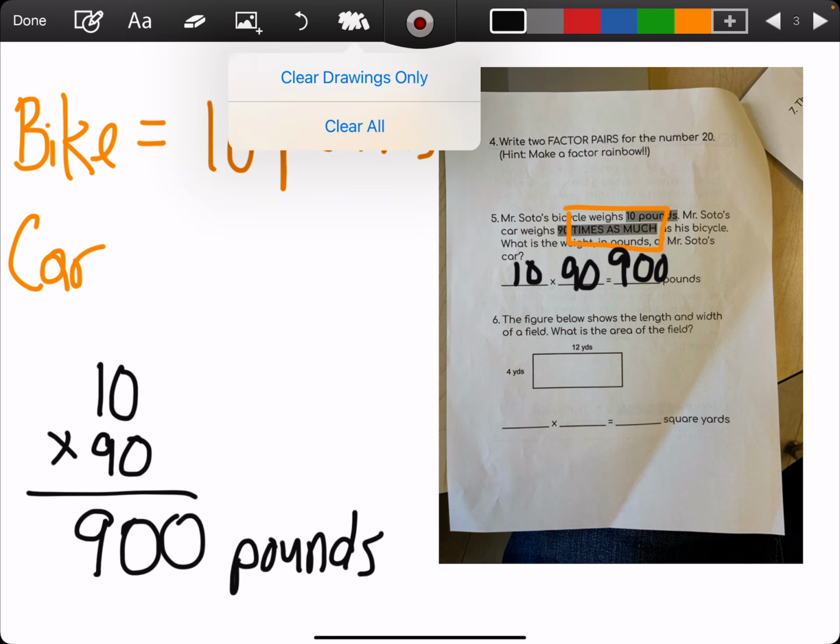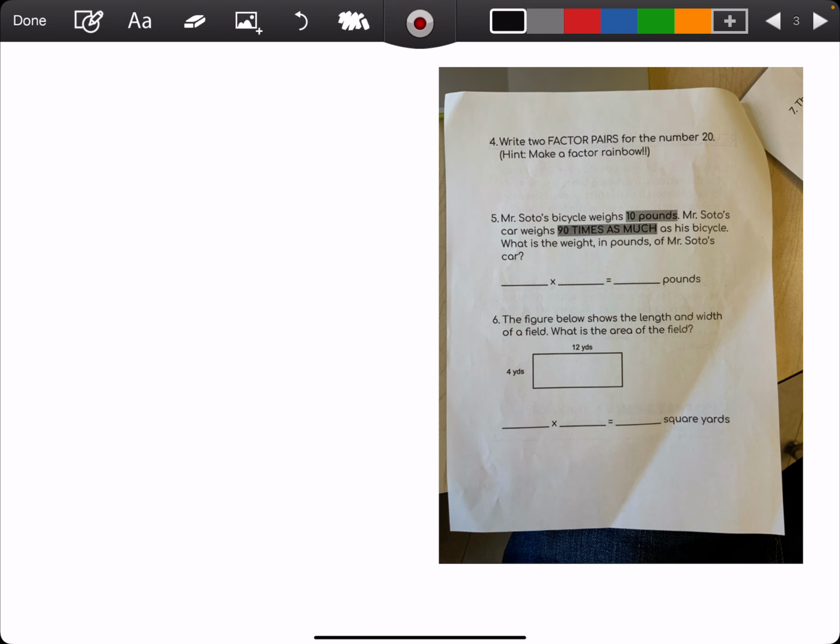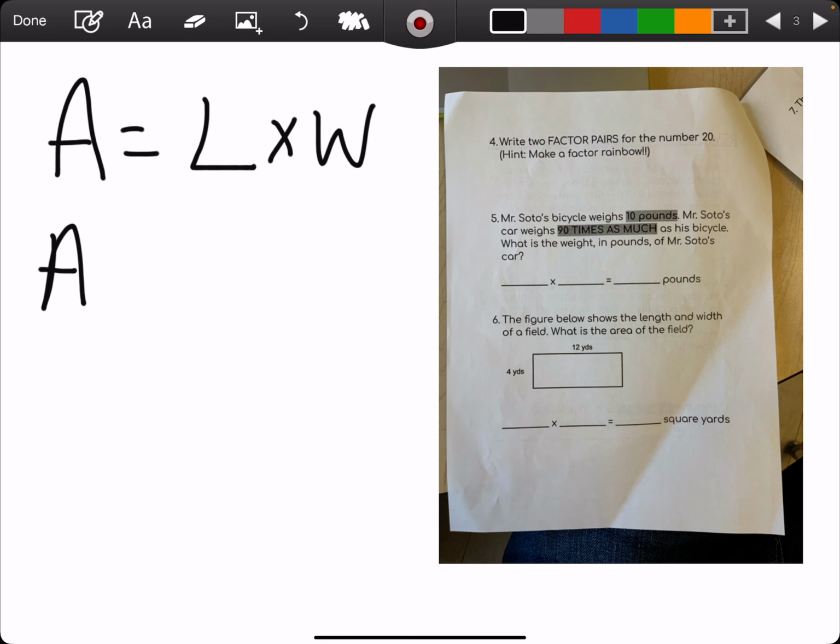Number 6, let me clear this. The figure below shows the length and width of a field. What is the area of the field? Area equals length times width. Now we have the length, we have the width. I'm trying to find the area, so area equals, the length is 12, the width is 4.